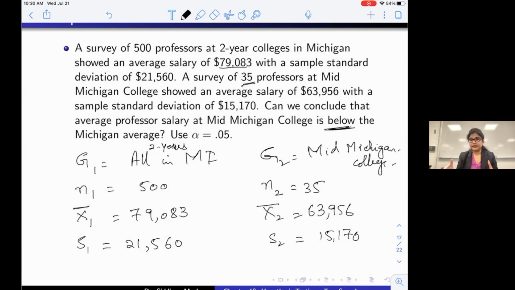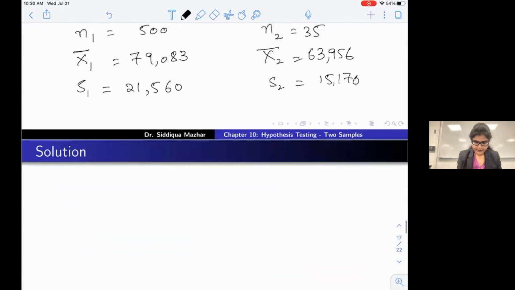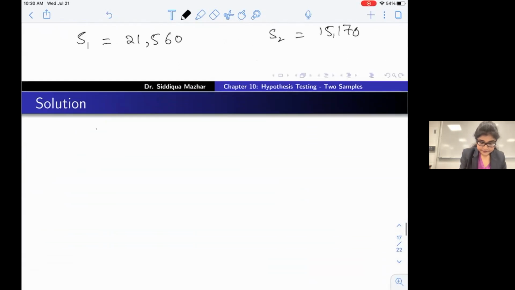This is my claim. We are going to test. But since this is less than, I will write it in the alternative hypothesis, not in my null hypothesis. So the null hypothesis is that the average salary for all college professors is equal to the average salary for the professors in Mid-Michigan College.